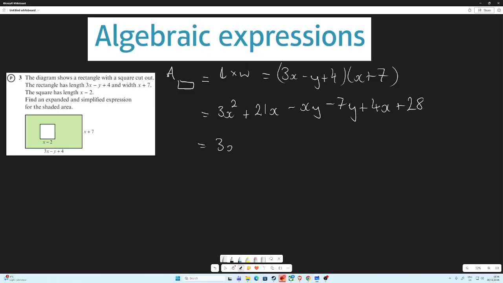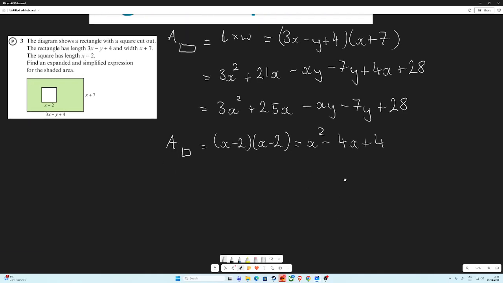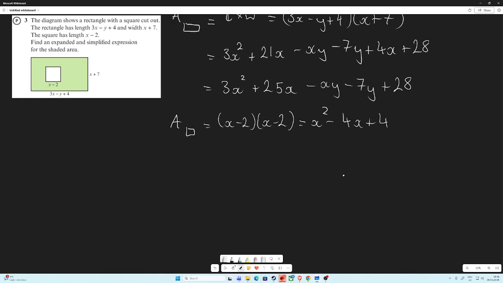That is 3x squared plus 25x minus xy minus 7y plus 28. Good. Now let's find the area of a square, which is just x minus 2 times itself. So that's x squared minus 4x plus 4.